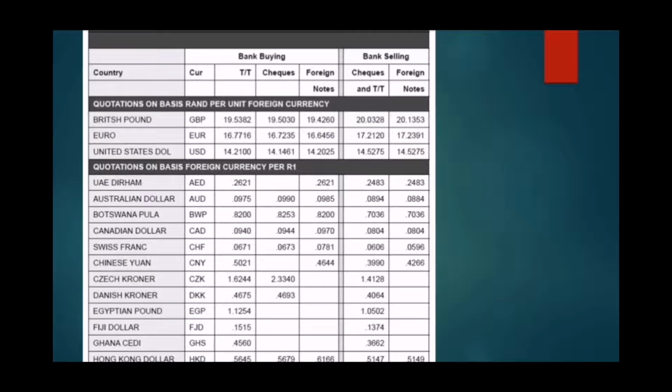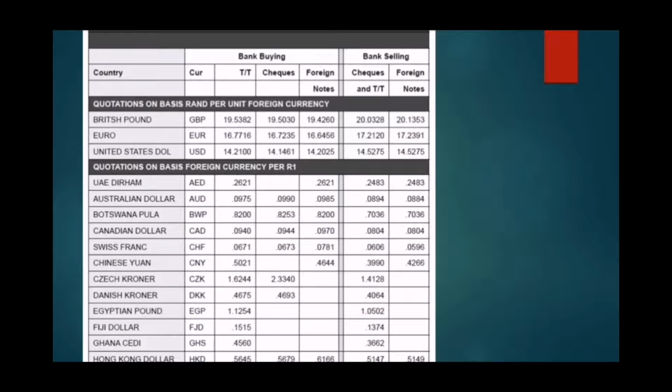Under both rates you have further categories. Under bank buying you have TT, your telegraphic transfer, your check, and your foreign notes. Under the bank selling rate you have check and telegraphic transfer put into one category, and foreign notes in a separate category.